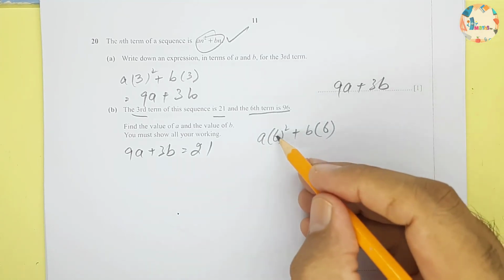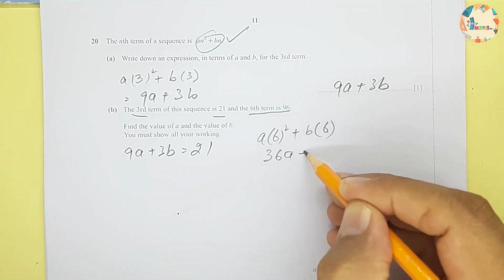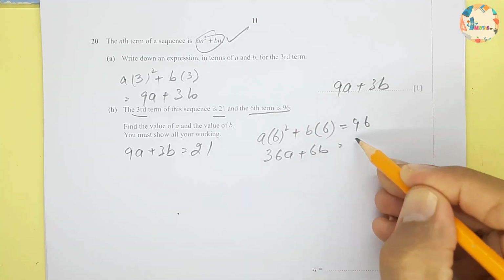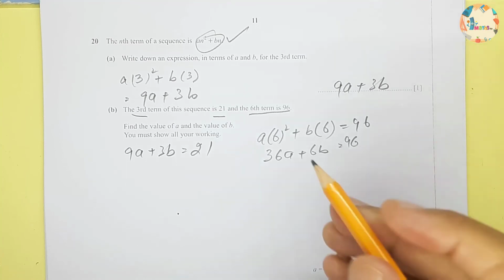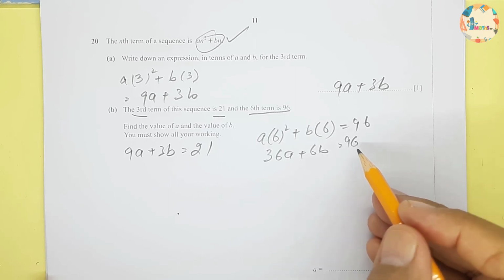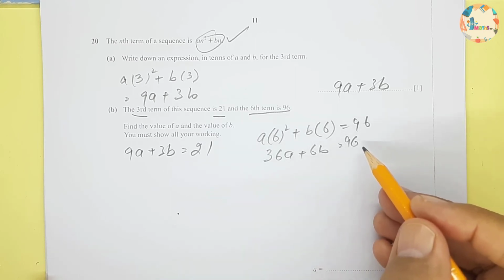So this will be 36a plus 6b, and they are telling us it is equal to 96.